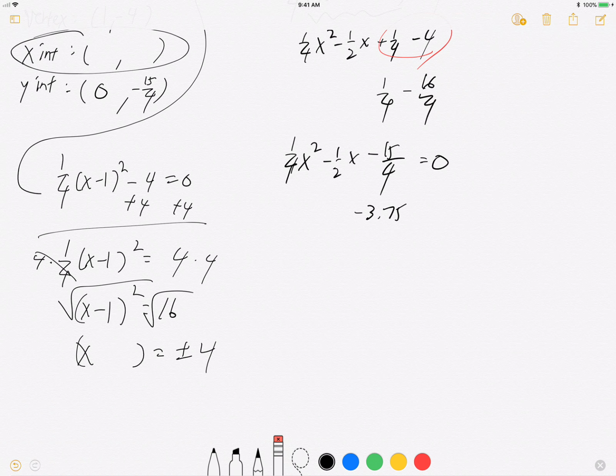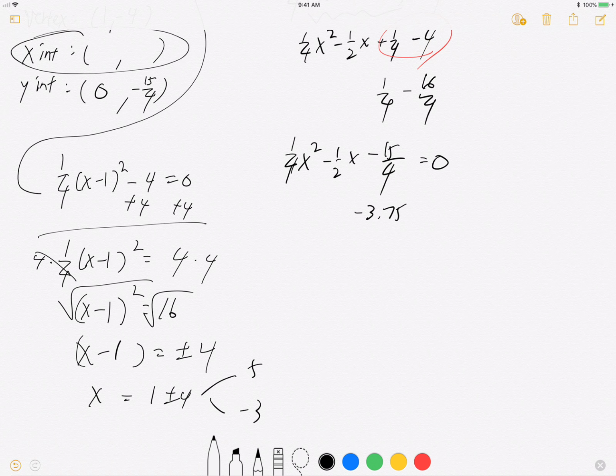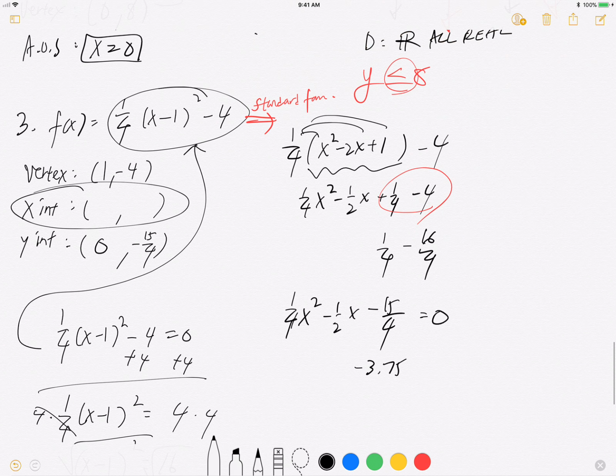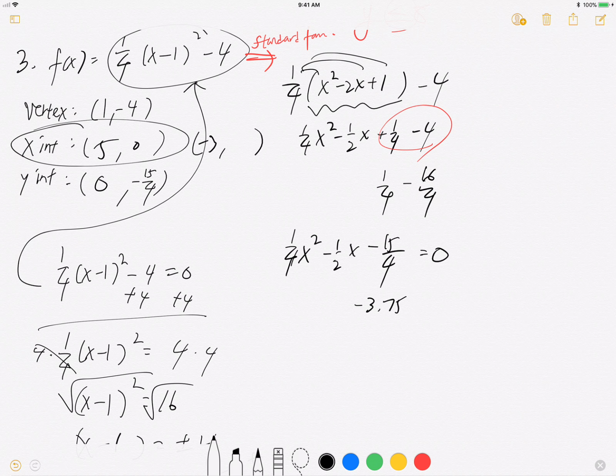That's x minus 1, by the way. Then I can add the 1 to both sides, so that x equals positive 1 plus and minus 4, which is 5 and negative 3. So my two x-intercepts would be (5, 0) and (negative 3, 0).